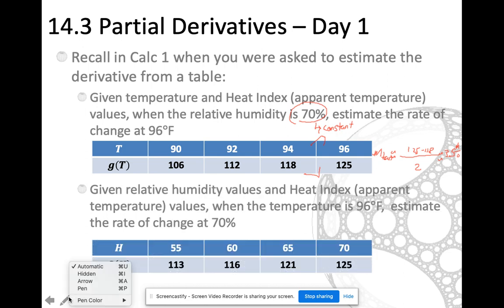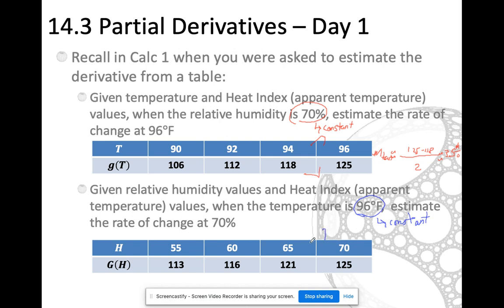Now look at this next table. Given relative humidity values and heat index, which is apparent temperature values, when the temperature is held constant. And forgive some of the writing and ambient noise here. I am in a car driving back from Boston. Estimate the rate of change at 70.